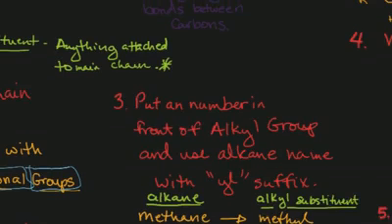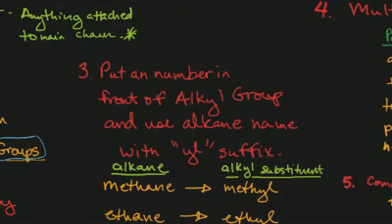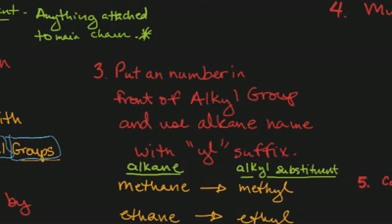Then you're going to put a number. If you have an alkyl group as a substituent, meaning you have something like methane, but it's not CH4, it's CH3, that's called an alkyl group. The compound methane is CH4, but if we take off one of those hydrogens and bond it to a main chain, it becomes CH3 with a line like that.